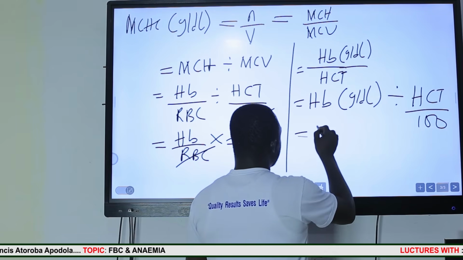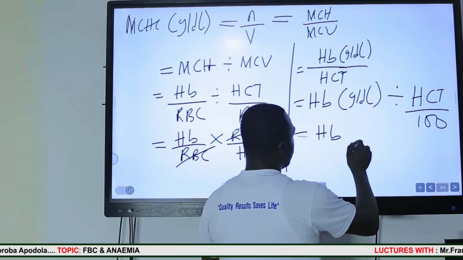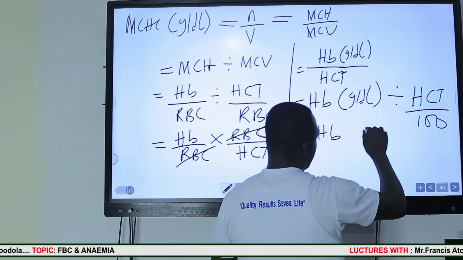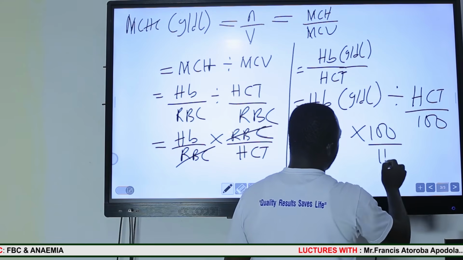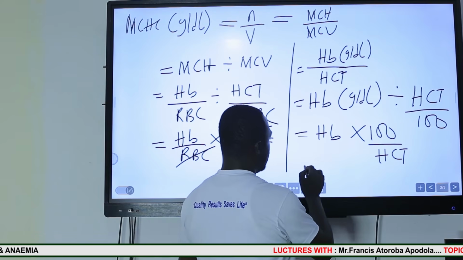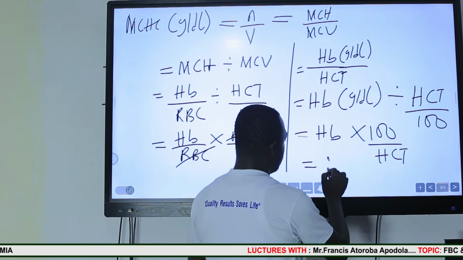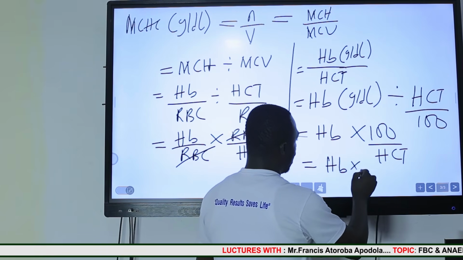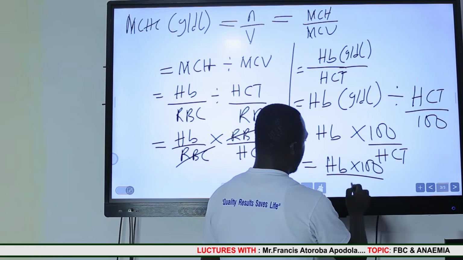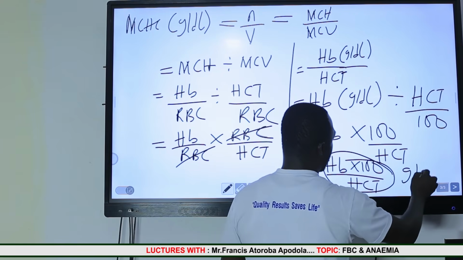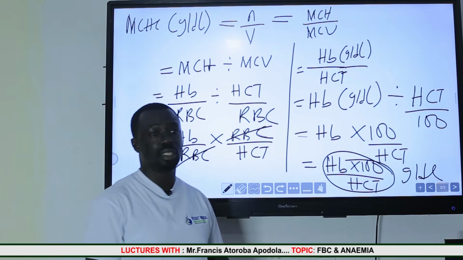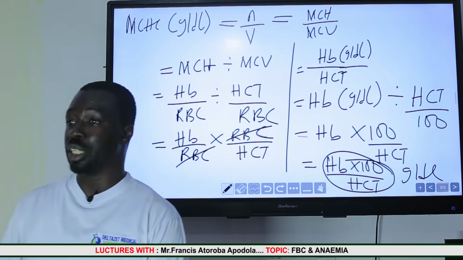So this means that you will get the HB value, multiplied by 100, divided by the hematocrit. This implies that the formula will be HB times 100 divided by hematocrit. And that will put the unit in gram per deciliter. Are you getting that?